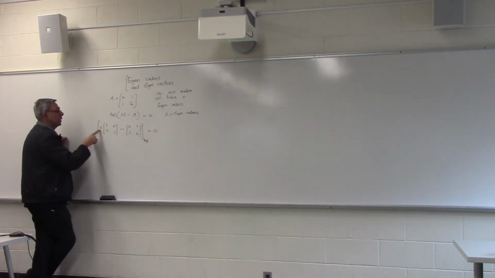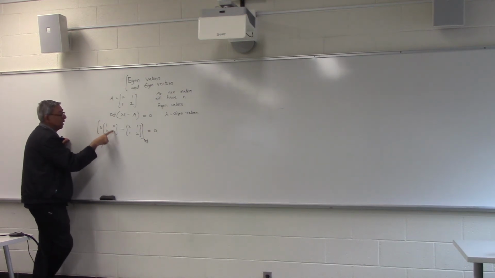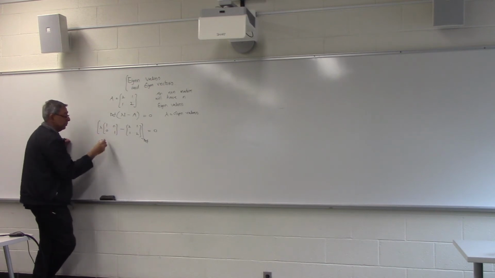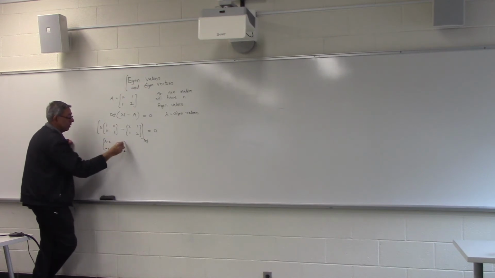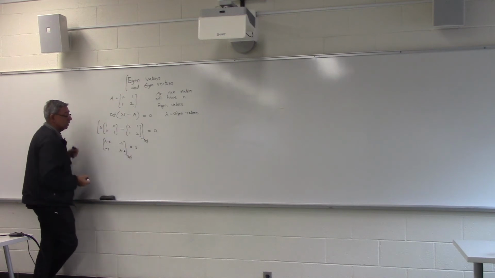As I multiply a matrix by a scalar, every value becomes lambda, lambda, 0, 0. Then if I do minus this one, this will become lambda minus 2, minus 1, and minus 1, lambda minus 2. Now I need to take the determinant of it and set it equal to 0.